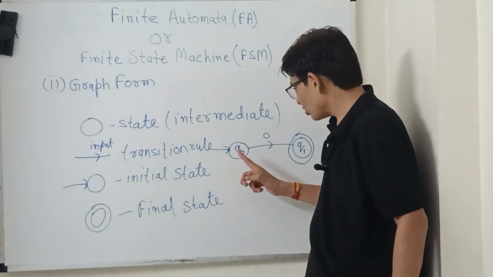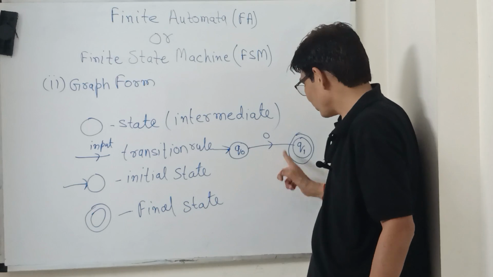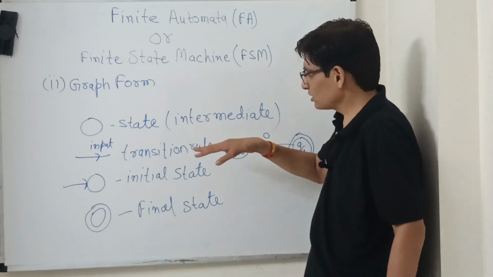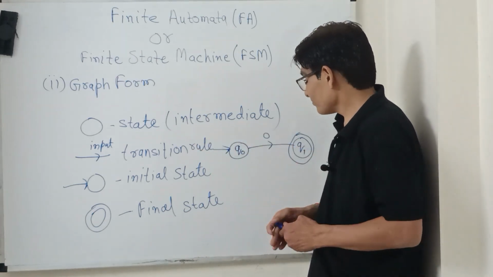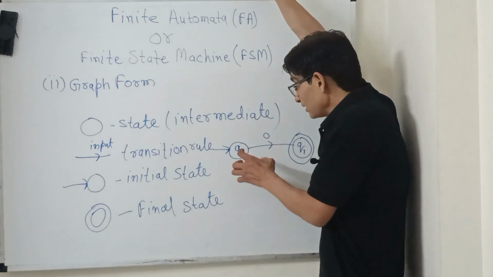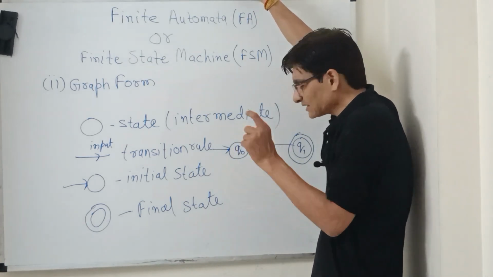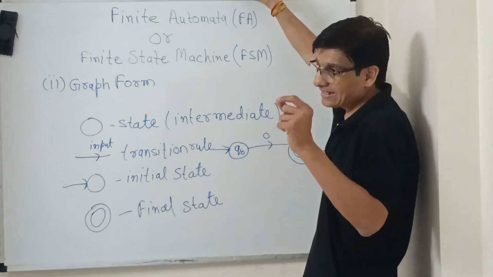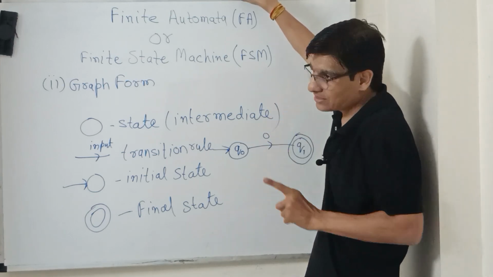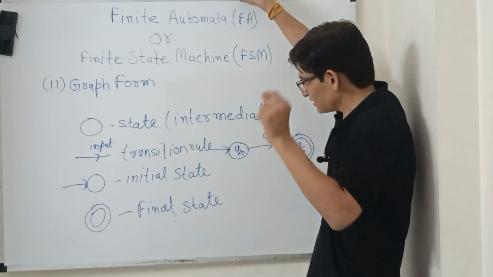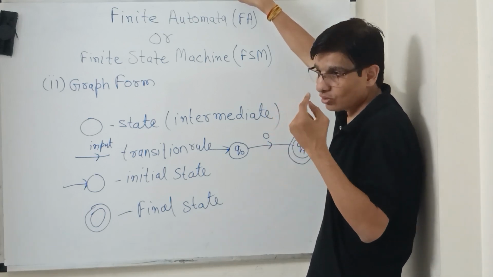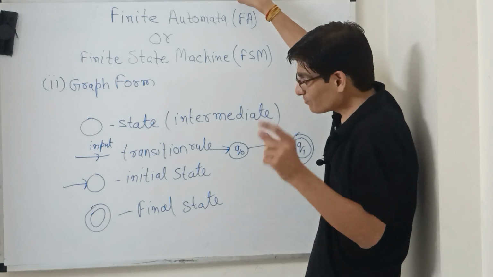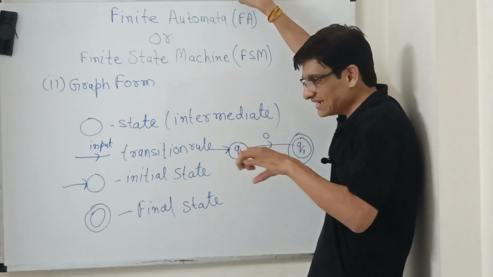Now I have also created one example machine here to explain it in a better way. See friends, suppose I tell you to create a machine that accepts only a single zero. That means it is only accepting a single zero. So it will have some initial state.